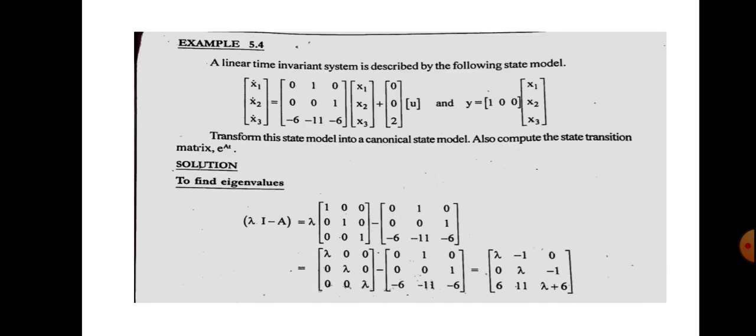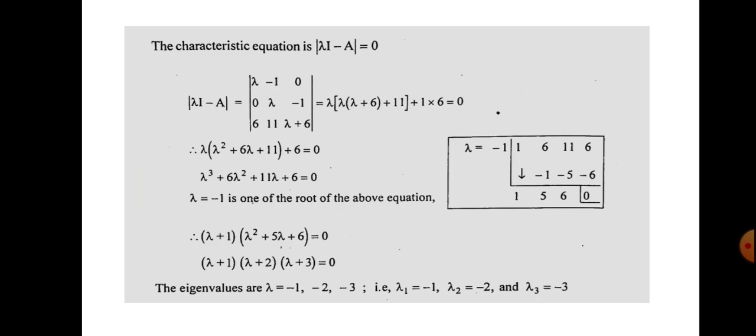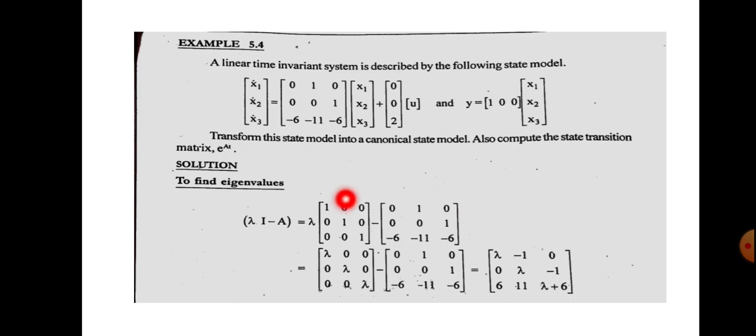Eigenvalues will be obtained from the characteristic equation. What is the characteristic equation? The characteristic equation is determinant of lambda I minus A equal to 0. So lambda is unknown, I is the unity matrix, A is the system matrix. The system matrix is given here as this one: 0, 1, 0, 0, 0, 1, minus 6, minus 11, minus 6.